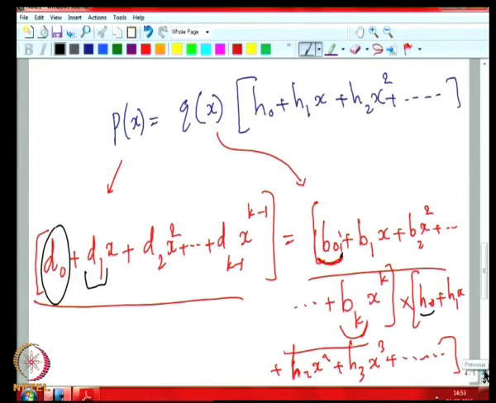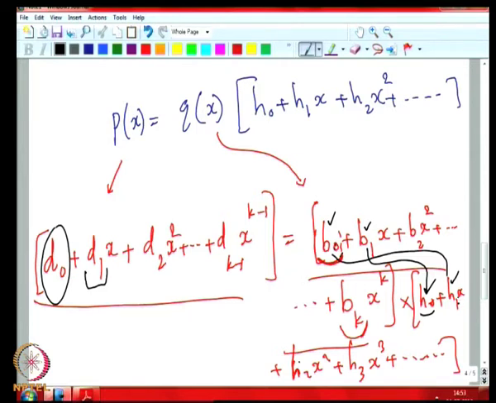The coefficient of x from the RHS, the right hand side, is b0 into h1 plus b1 into h0, because here b0 is a constant term, and h1 has an x with it, h1x.